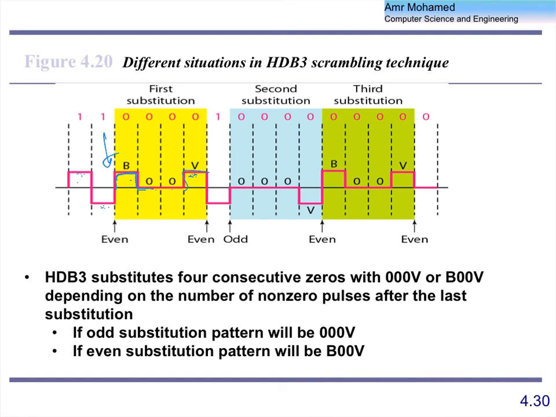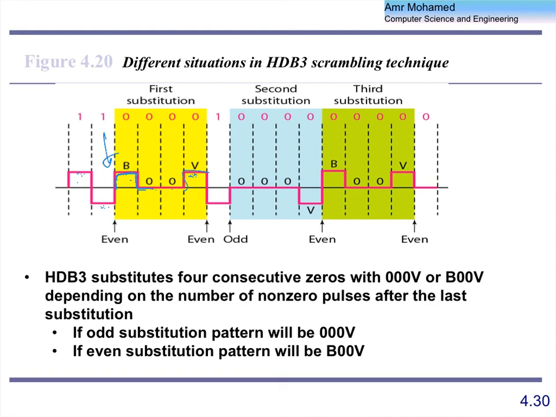And what this tries to do is obviously balance the positive and the negative, because we have an even number of ones. So the even ones are already balanced for positive and negative, because according to AMI, if you have 1 and then 1, one will be positive and one will be negative, right?